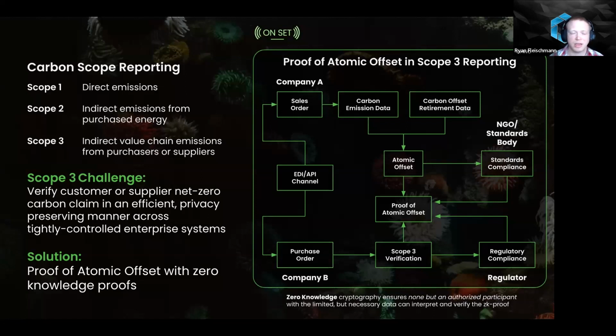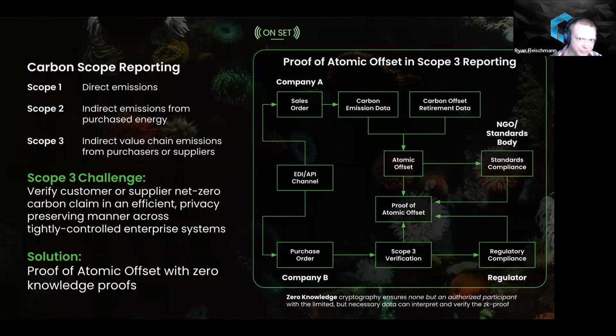Where they have only some partial bits of data, or they have other business partners or NGOs or standards bodies or regulators that want to observe, like if this is net zero or not. Proof of atomic offset enables it such that this zero knowledge cryptography makes the scope 3 reporting much easier and with a lot less friction.